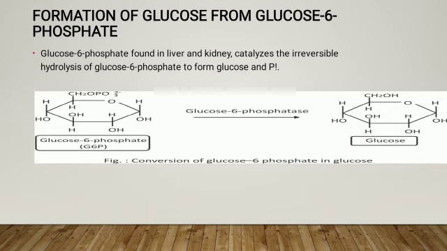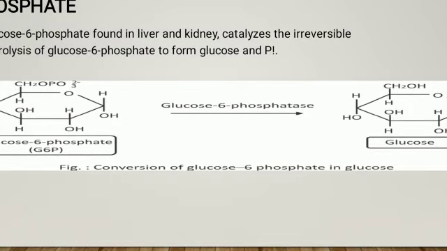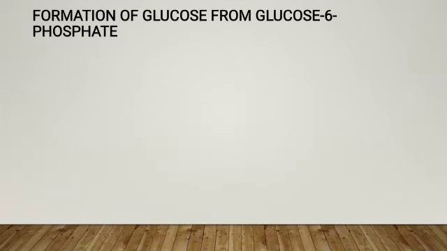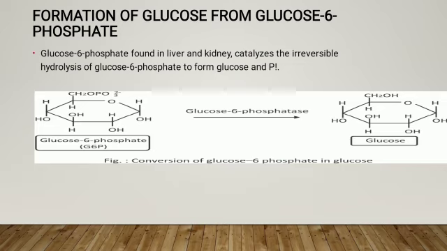Glucose 6-phosphatase, found in the liver and kidney, catalyzes the irreversible hydrolysis of glucose 6-phosphate to form glucose and Pi.